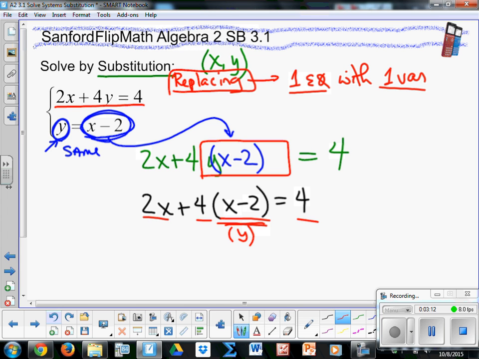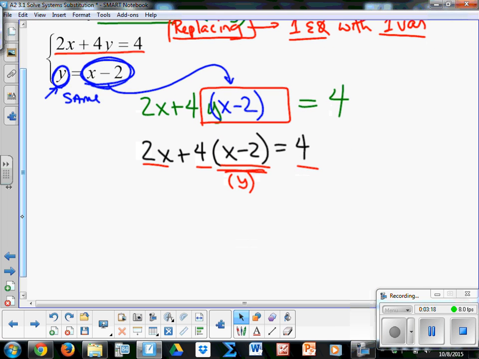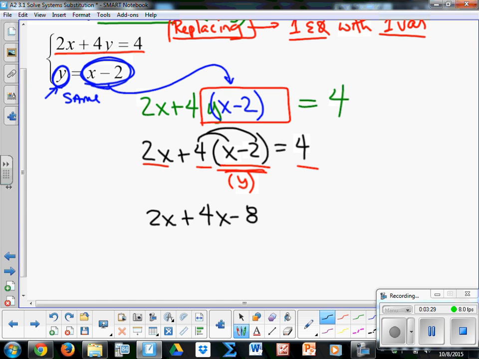Again, the goal was just to make a replacement. What that replacement lets us do is, notice I have one equation with one variable now. So I need to solve it. This is now becoming an easier problem. I need to distribute, so 4x minus 8 equals 4, combining like terms. Add 8 to both sides.